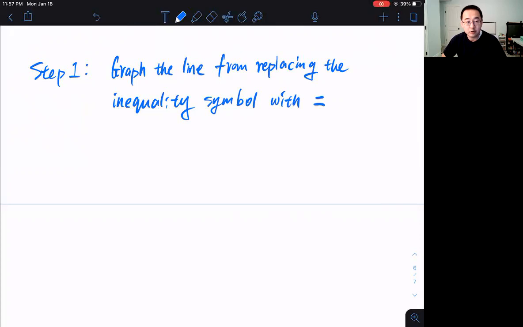That way you turn an inequality into an equation so you can actually draw that line.